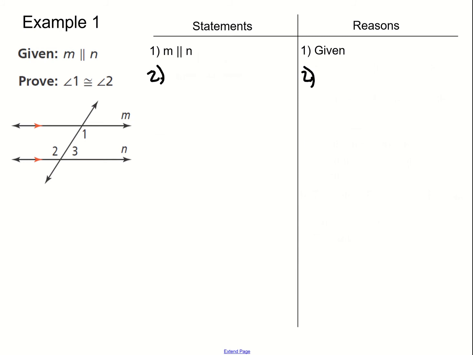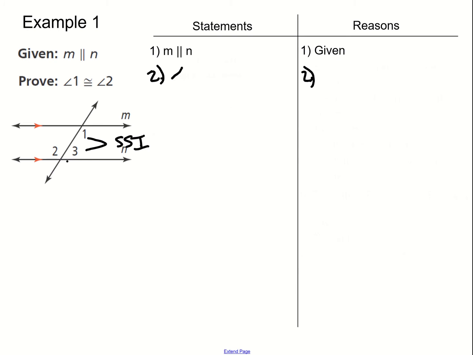So we know by the same side interior angles postulate that angle 1 and angle 3 are same side interior angles. So we know that these two are same side interior angles, and so they have to be supplementary.